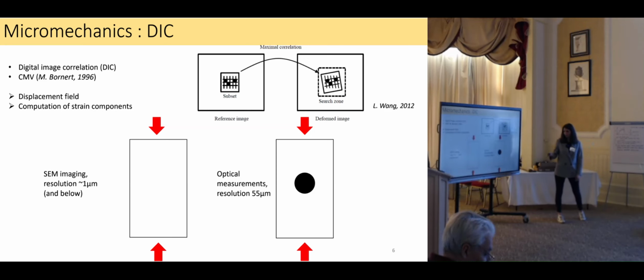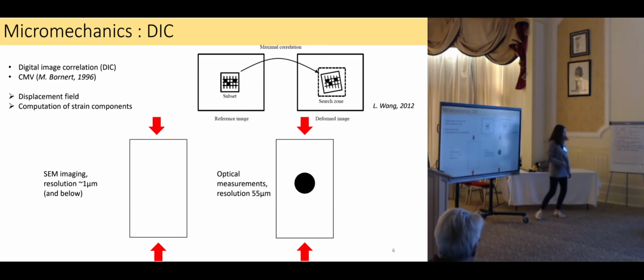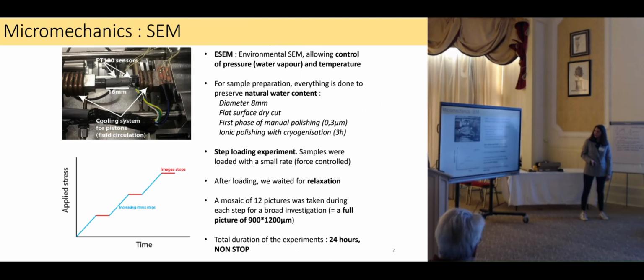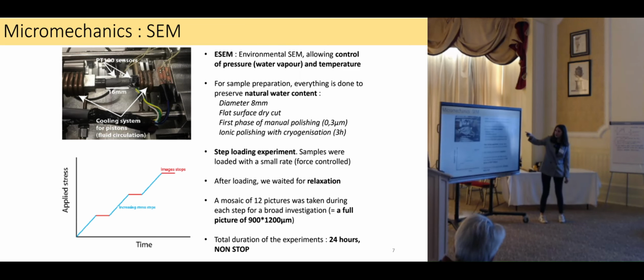I'm going to show you different results from SEM images and also from optical measurements with a stress concentrator in the middle, to see how the deformation localizes at the microscale. So what do we do inside of the SEM? We take a tiny little sample 16 millimeters in length, flatten the surface and polish it with an ion polisher.